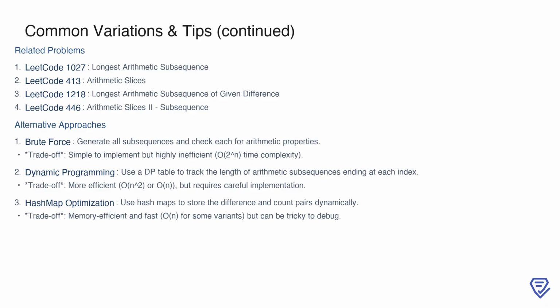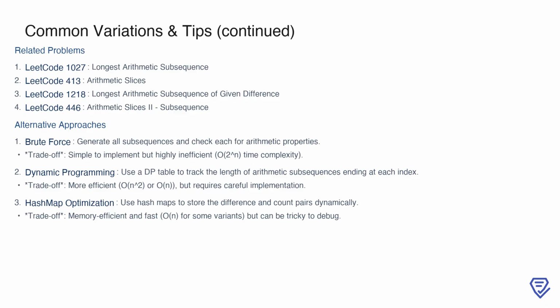When thinking about solving these types of problems, there are multiple approaches to consider. A brute force method involves generating all possible subsequences and checking each for arithmetic properties. While simple to implement, this approach is highly inefficient due to its exponential time complexity. A more practical solution is dynamic programming, where you use a DP table to track the length of arithmetic subsequences ending at each index.